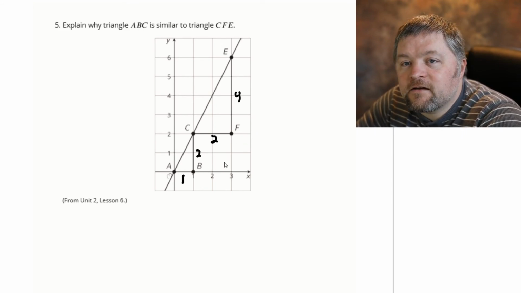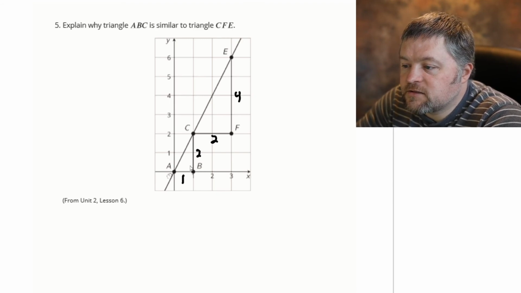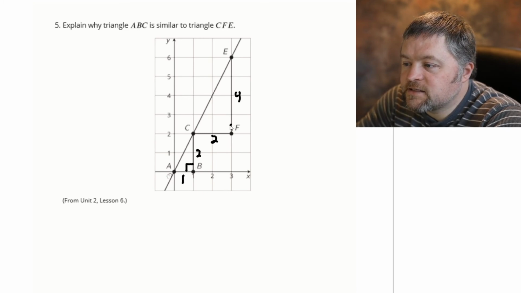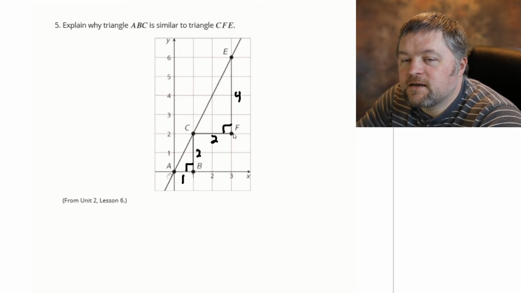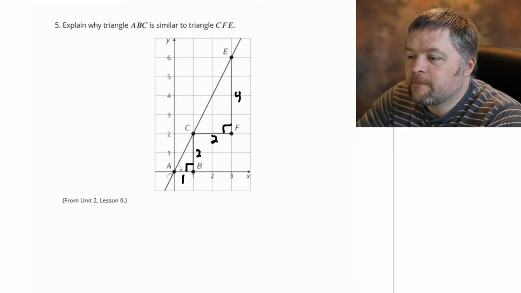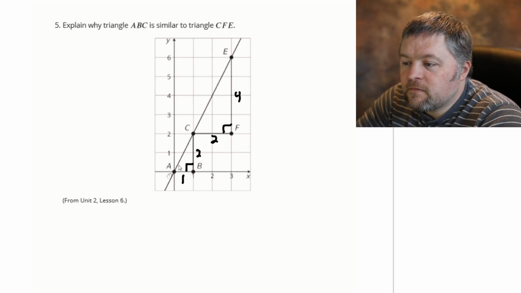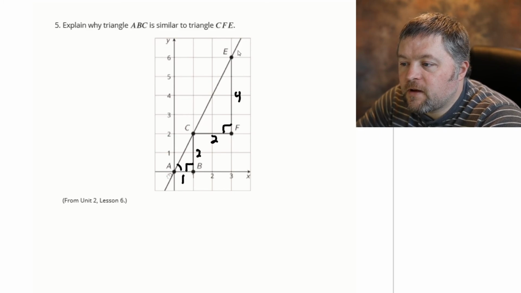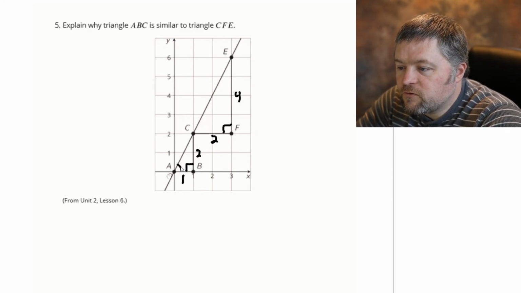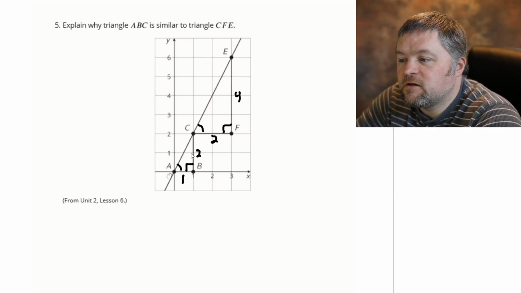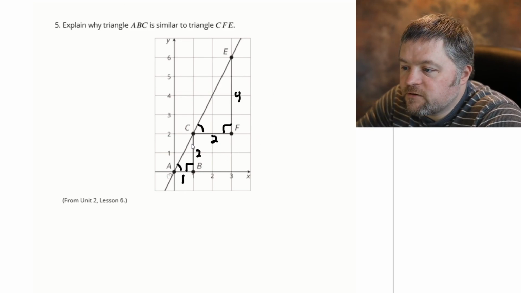What about the angles of these two triangles? This angle here is a right angle, and this angle here is a right angle. We can tell because they follow the lines on our graph. Now, if this angle here goes from our line to horizontal, and this angle here goes from that same line to horizontal, those two angles have to be congruent to each other.